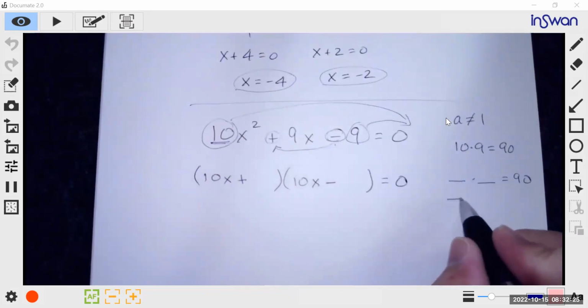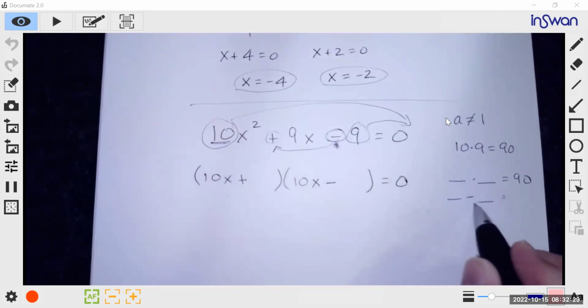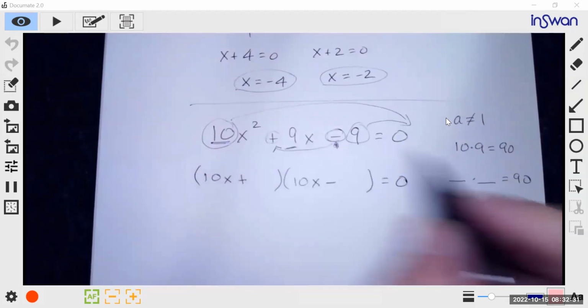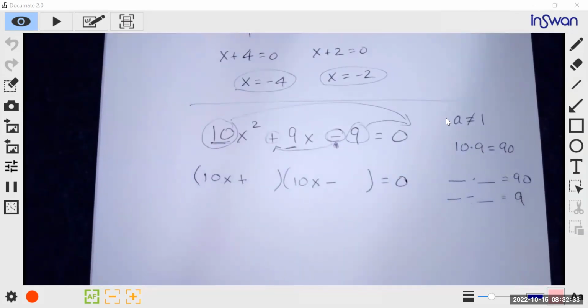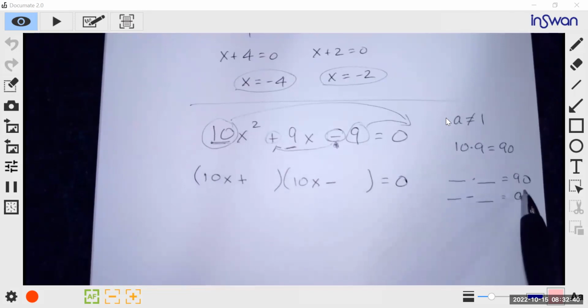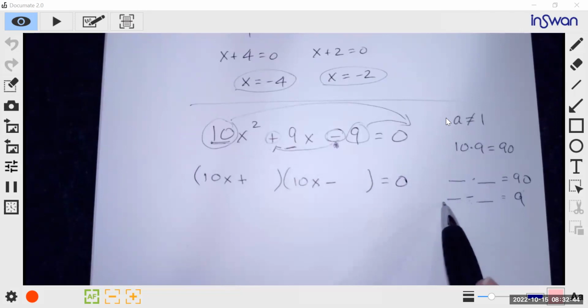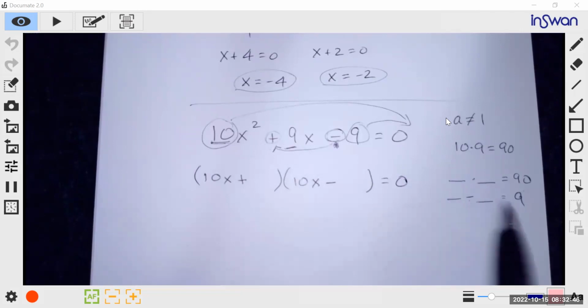Since that's a minus, that's a subtraction, when we subtract them it has to equal the middle term, 9. So multiply the first and last term, gives me 90. Since the second sign is a minus, I figure out what times what minus what equals the middle term.